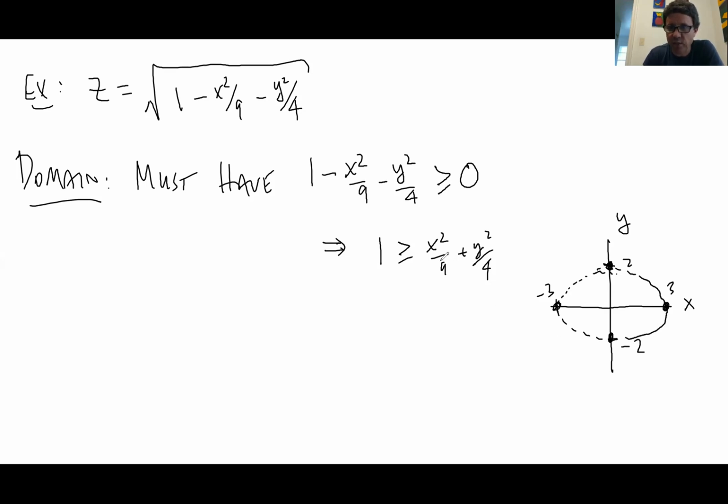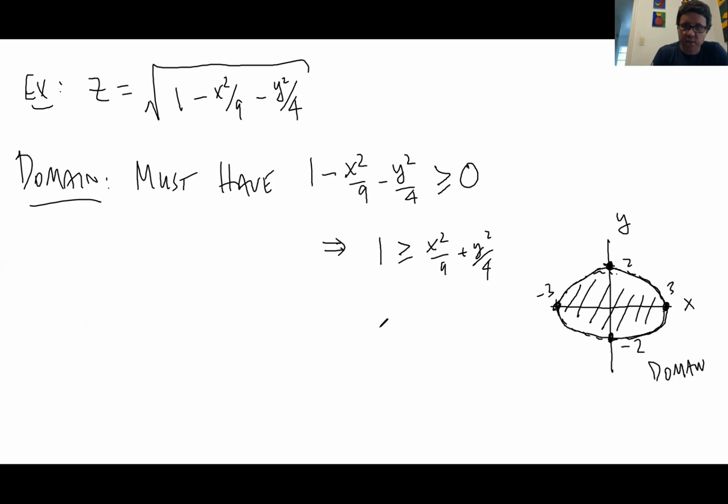The only catch is what does less than or equal mean? It means all the points inside of the ellipse. So anything that's inside or on the edge, that's the domain. It's a closed-in ellipse. We've got the border and all the points on the inside.